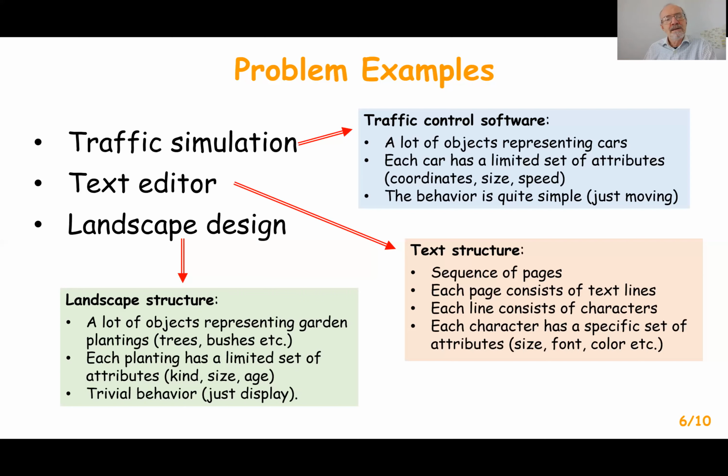And again, each entity has very trivial behavior. For the case of landscape design software, this behavior is just to display a particular planting on the screen. Okay, so we have 3 examples. I can give you more, but it's quite enough for us for today.